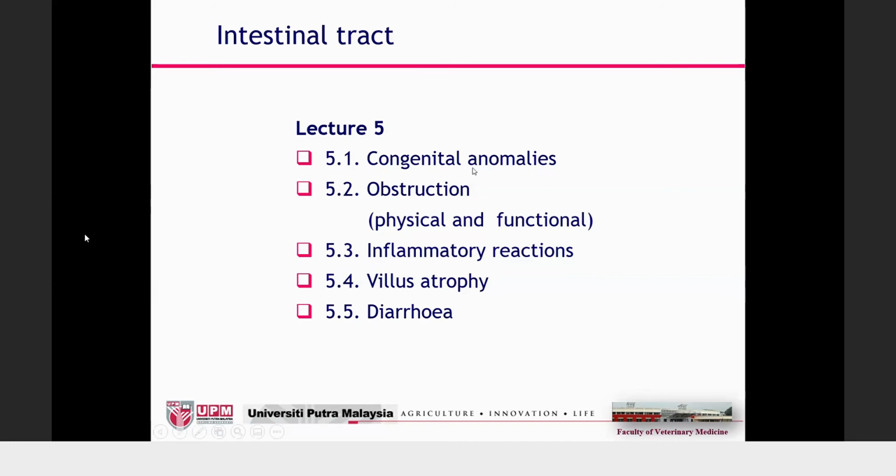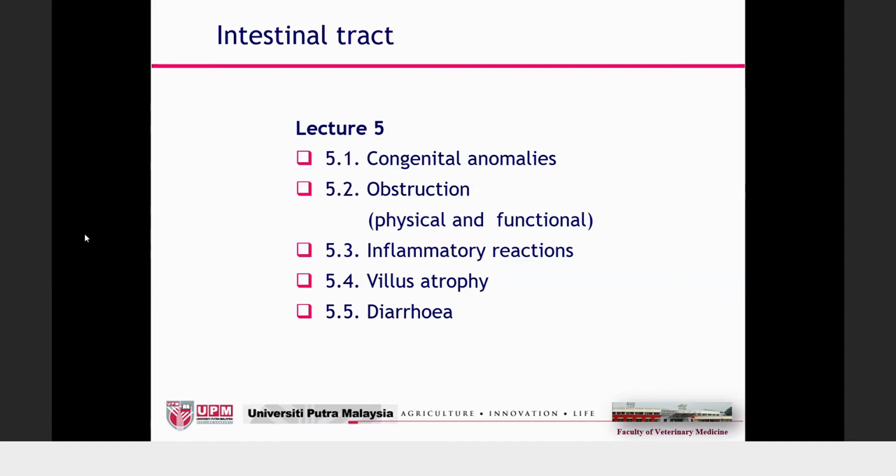But not forgetting, of course, congenital anomalies in other organs. They are more important in newborn animals. Obstruction, partly because the intestine is a hollow organ, is very easy to get obstructed. Whether from the lumen, with the presence of foreign material, or as a result of thickening of the intestinal wall.